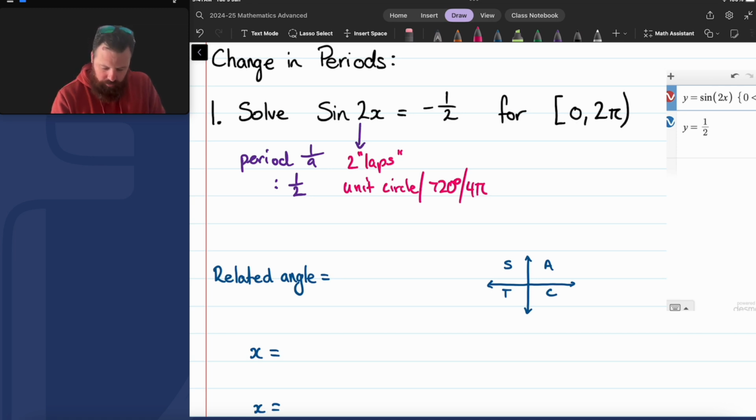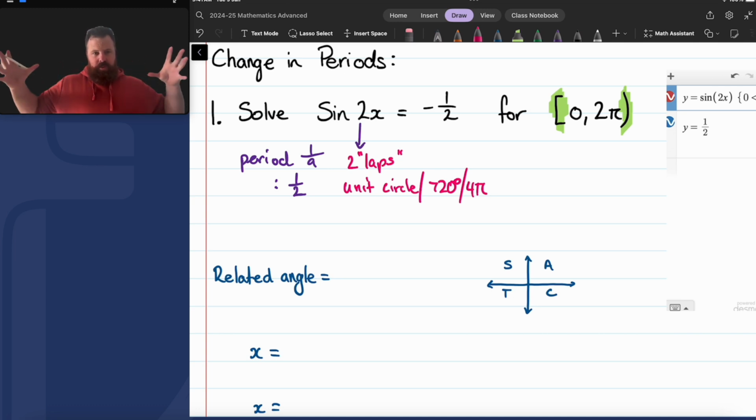Well, if I look at my domain, our domain says must include 0, but don't include 2 pi. That's what our brackets are representing there. But if I'm going to think of this not as squished up, but as its expanded form, well, because my period was a half, I'm going to double my domain.